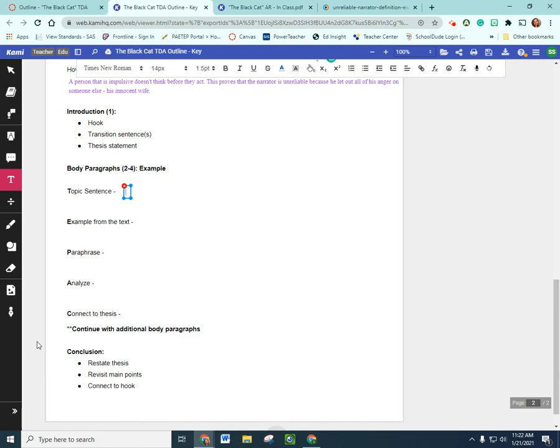I never want to read, this paragraph's going to be about violence. That's like little kid writing. You guys are above that. So the topic sentence introduces what the paragraph is going to be about.